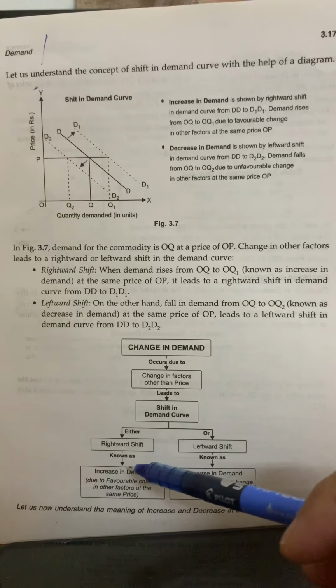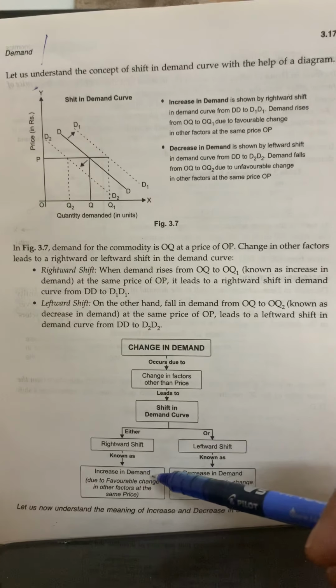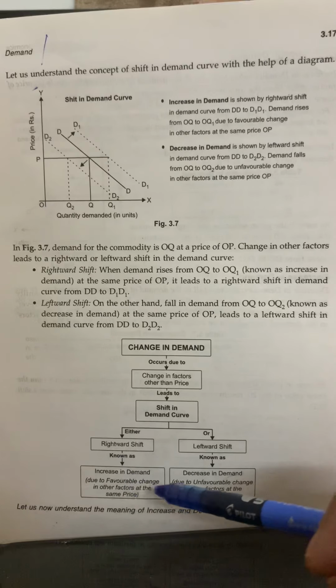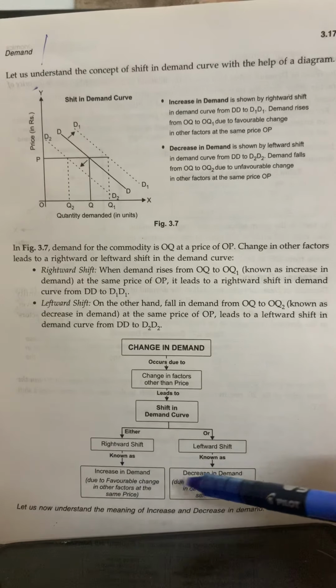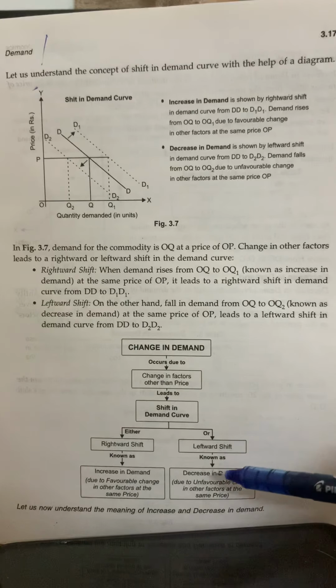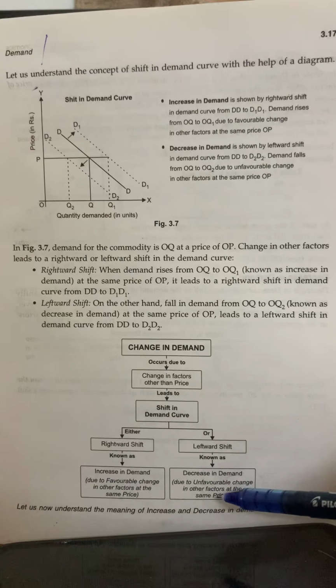Rightward shift is known as increase in demand due to the favorable change in other factors at the same price, and leftward shift is known as decrease in demand due to the unfavorable change in other factors at the same price.